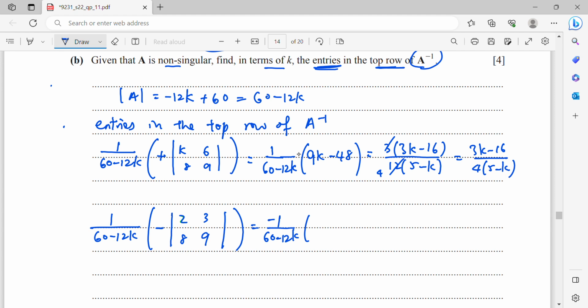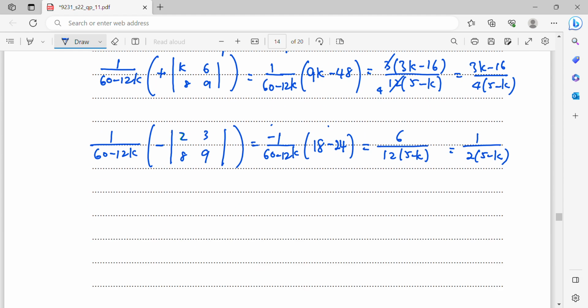So 2 times 9, 18, minus 8 times 3, 24. Again, now I factorize. 18 minus 24 is minus 6. Minus 6 together with minus 1 is 6, over 12 bracket 5 minus k. So the 6 and 12 can be simplified to 1 over 2 bracket 5 minus k.